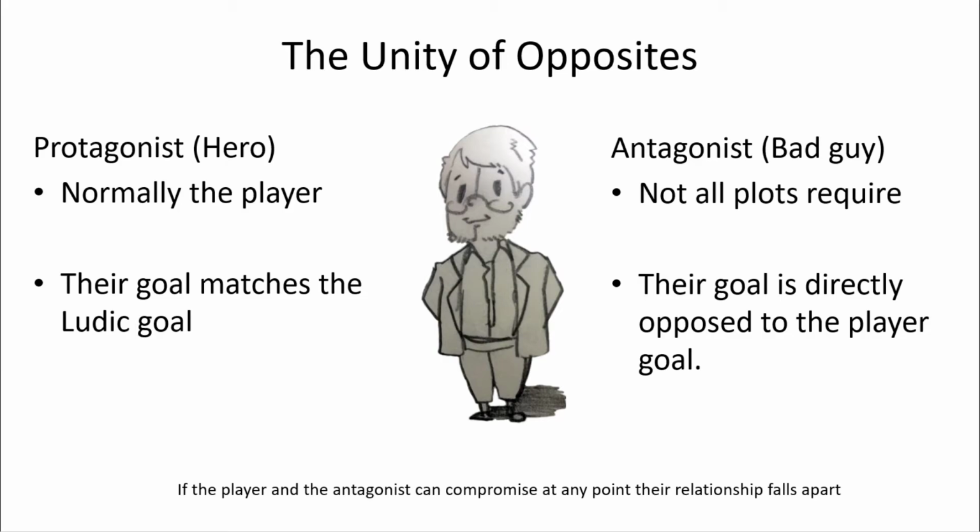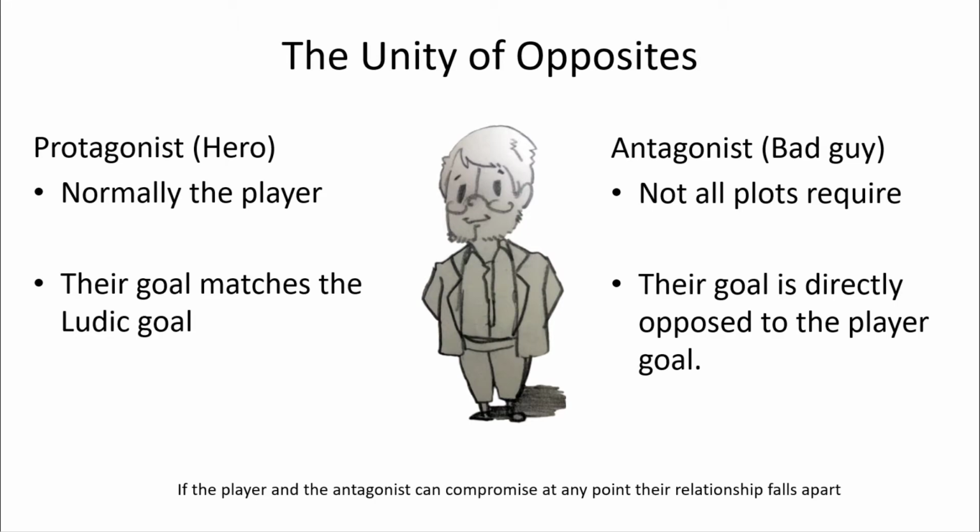Now, the unity of opposites is basically that in many cases, the antagonist is the direct opposite of the protagonist. If we think of the movie Unbreakable, we have the main character who is unbreakable, and the villain, who I'm afraid to give spoilers even for a film that's that old, is Mr. Glass, and very breakable.